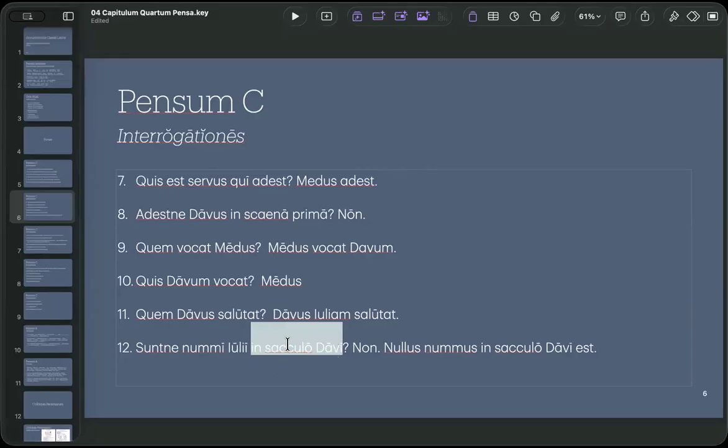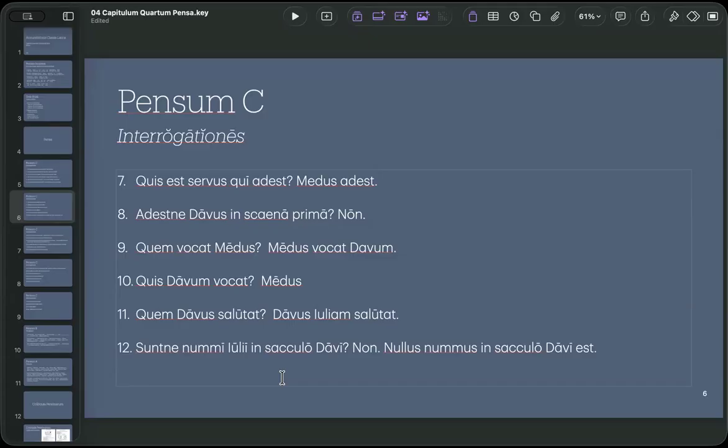Here's the preposition in, and the preposition has to be in front of the ablative term. So you couldn't say in Numi Julii Sakulo Davi. That would make no sense. So Latin word order is not completely flexible, but it's a whole lot more flexible than English. Maybe I'll just leave it at that, lest I confuse you more.